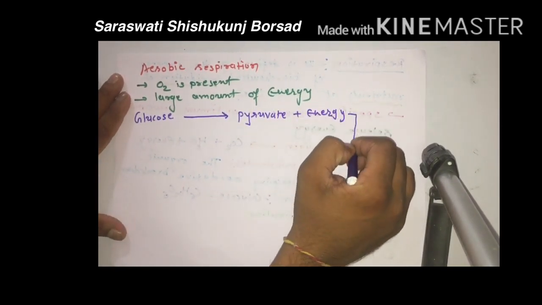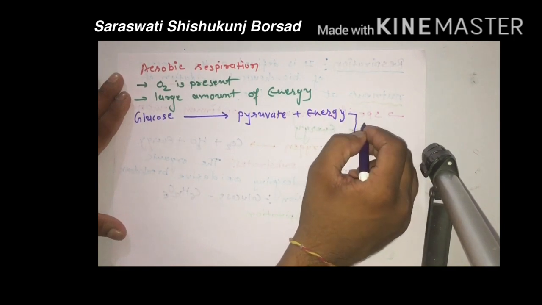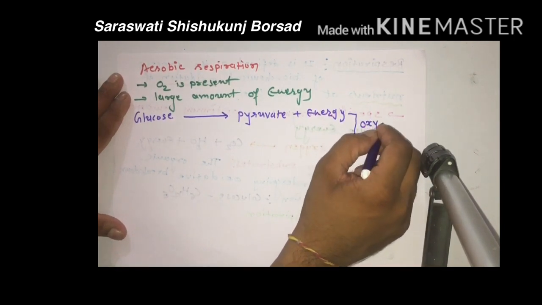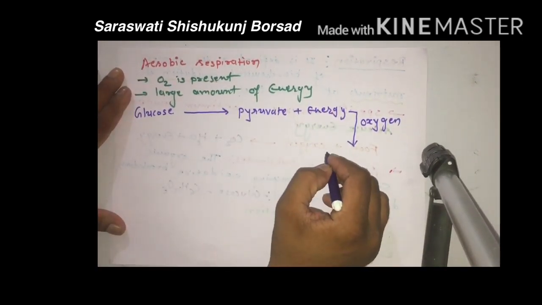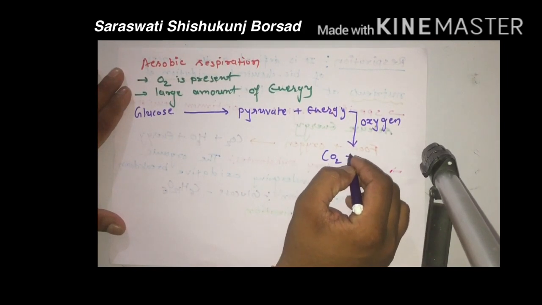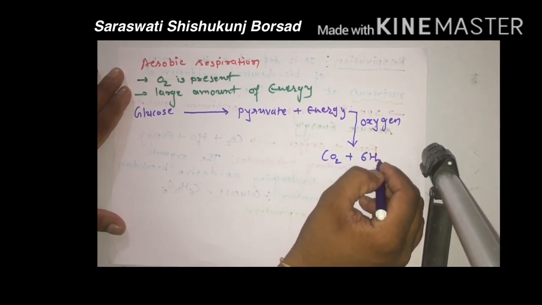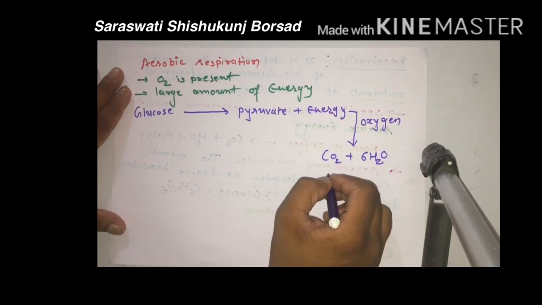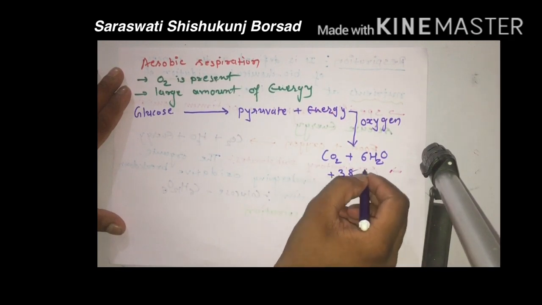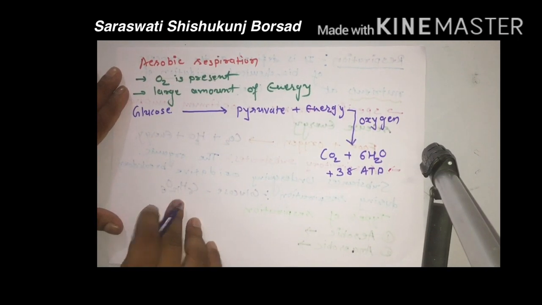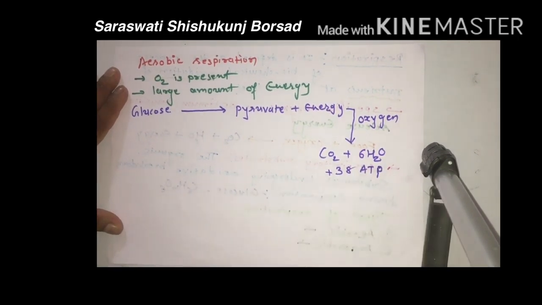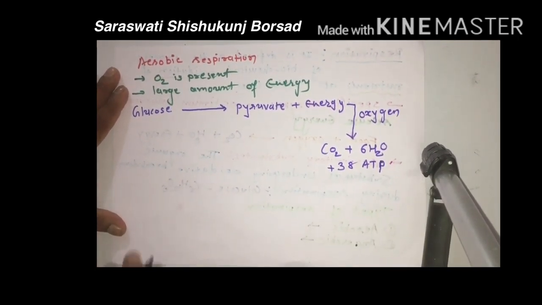This will react with oxygen and result in carbon dioxide plus 6 water plus 38 ATP, that is the currency of energy, right? Okay, now let's try to understand this.